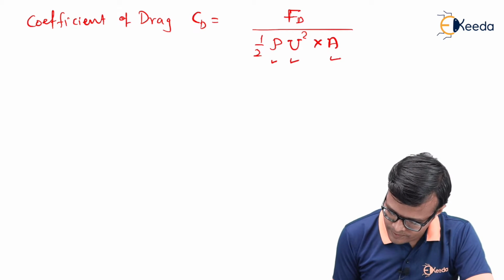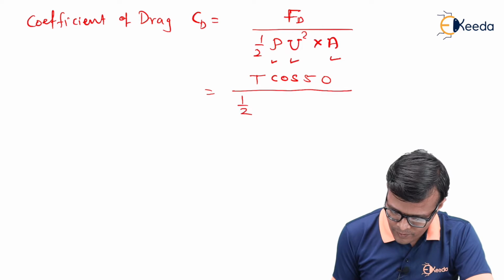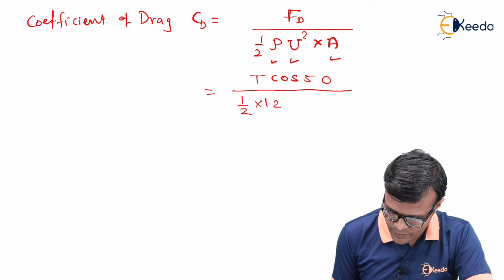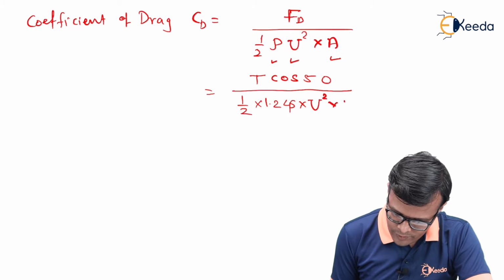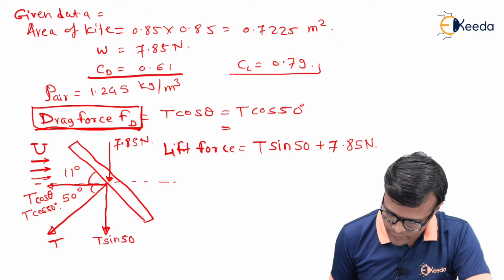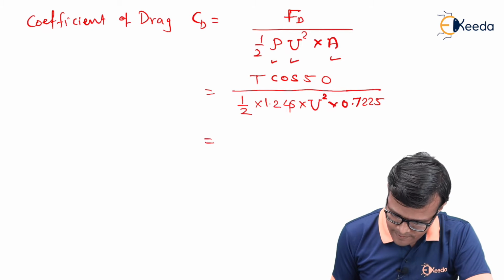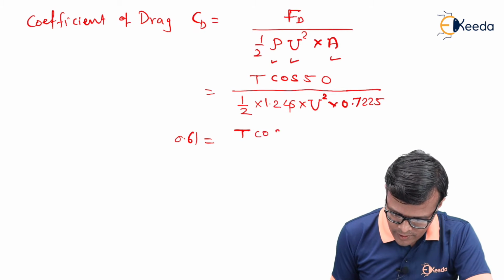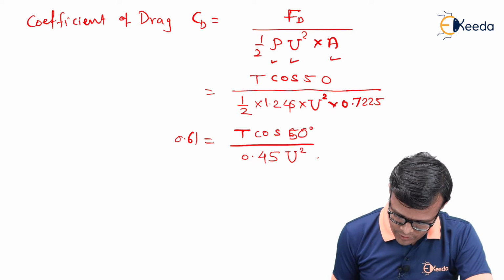So by putting the values, drag coefficient 0.61 is equal to T cos of 50 degree divided by 1/2 into rho, 1.245, into u square into area 0.7225, which comes to 0.45 u square.